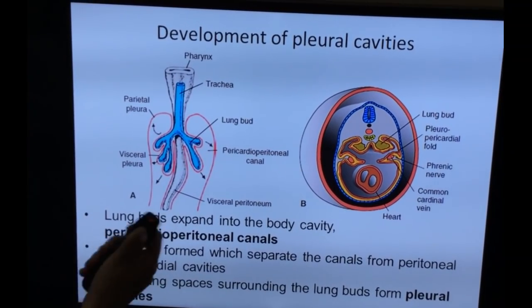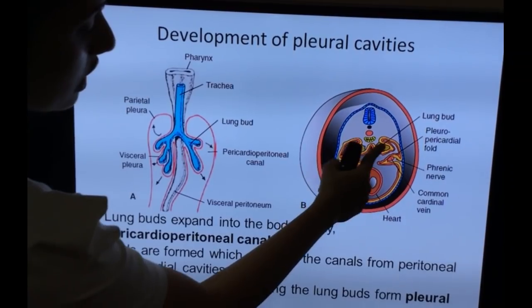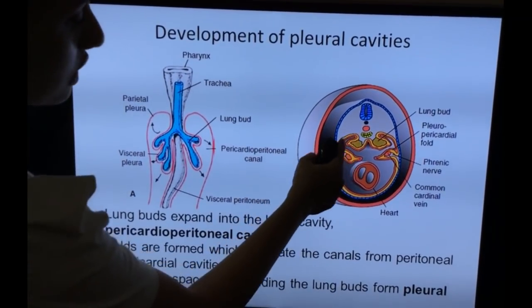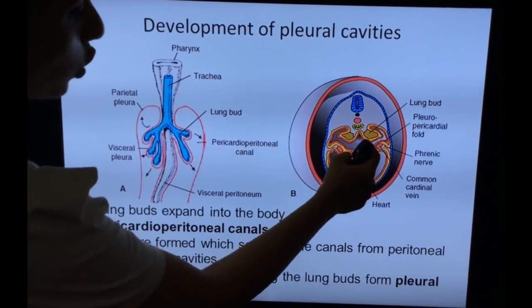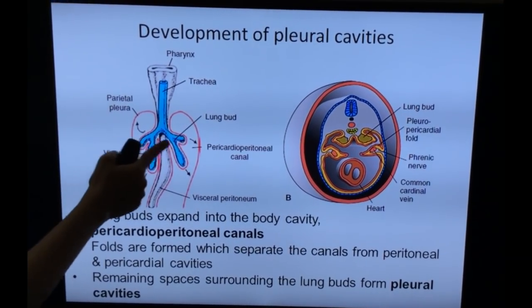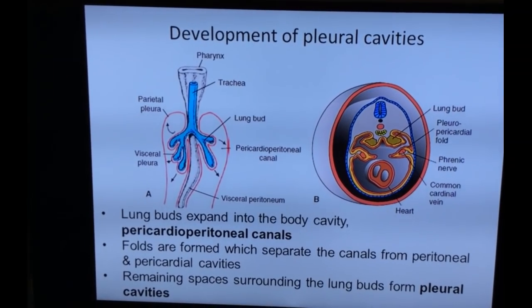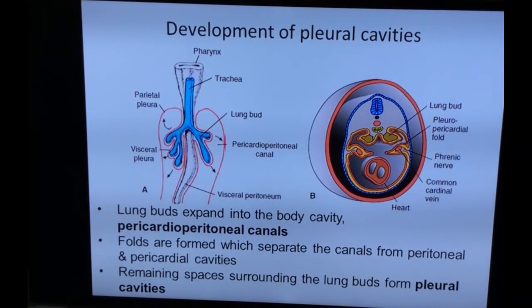Here you can see the expanding lung buds, which are growing laterally towards the pericardio-peritoneal cavity. The lung buds are expanding and they enter the body cavity, which is called the pericardio-peritoneal canal.